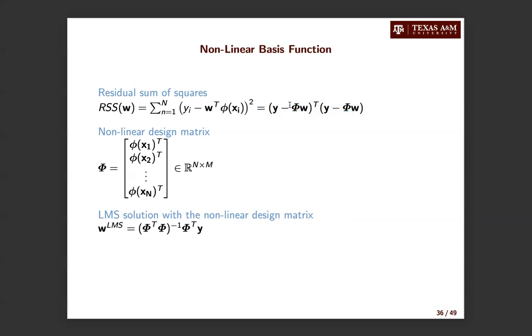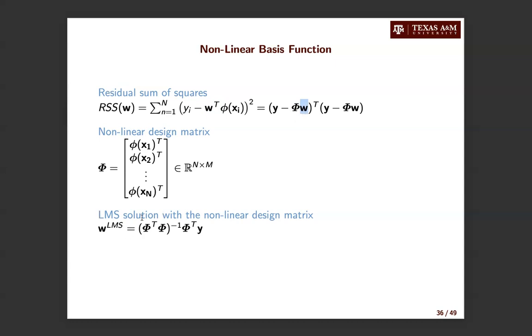And again, the only difference is that in the linear regression, this variable here was the data matrix X, while in this nonlinear regression, this variable here is our nonlinear data matrix phi. However, this phi is not an unknown. This phi is computed from our training samples. Therefore, the problem with respect to the weights W remains exactly the same.